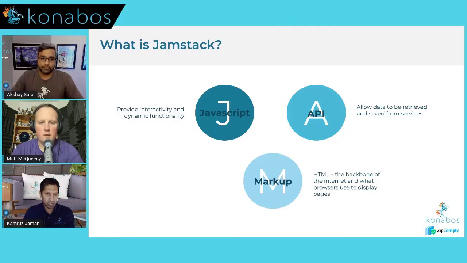So I can still do Jamstack and I can still use .NET or .NET Core, PHP, Java, whatever I like in the back end to do my services and compose my pages and to build my pages and as part of this Jamstack, right?